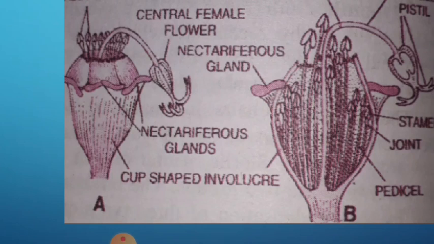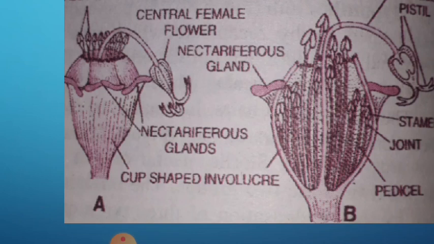It has a small conical receptacle surrounded by an involucre of fused green bracts having nectariferous glands. Internally, the inflorescence contains pedicellate, unisexual flowers of both types, male and female. The female flower is single and centrally placed.